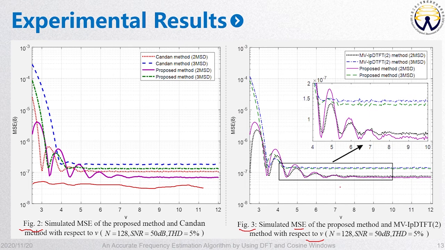It can be seen from Figure 3 that when v is greater than 6, the MSE of the proposed algorithm with the two-term MSD window is the lowest. When v is less than 6, in most cases, the MSE of the MV-IPDTFT3 algorithm and the proposed algorithm with two-term MSD windows are lower than the other algorithms.